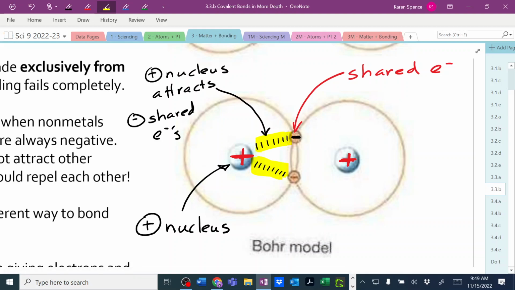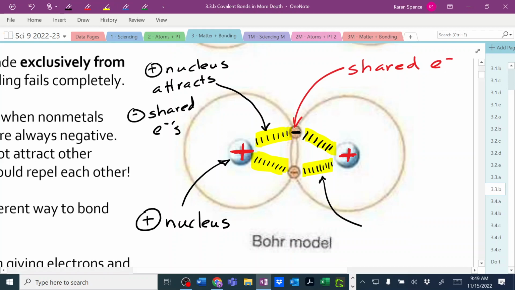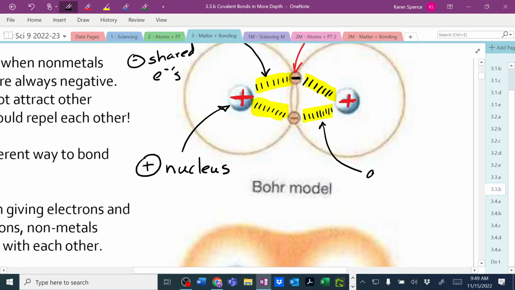Yeah, right on the other side, absolutely. So we could draw those attractive forces here and here. That attractive force is the covalent bond.